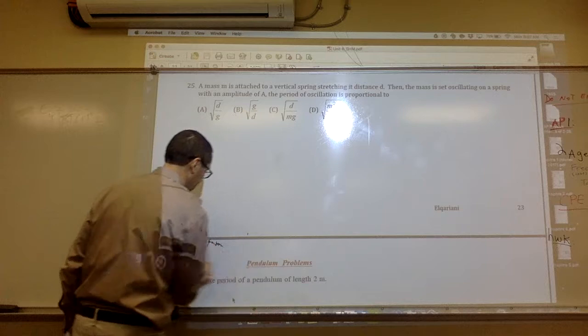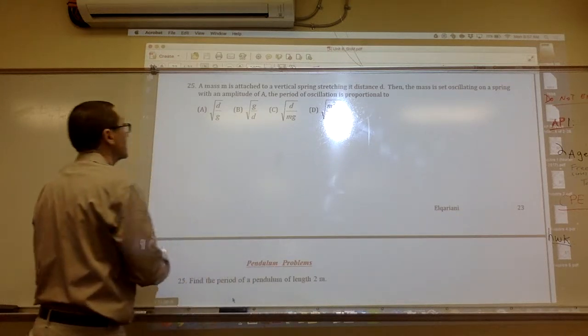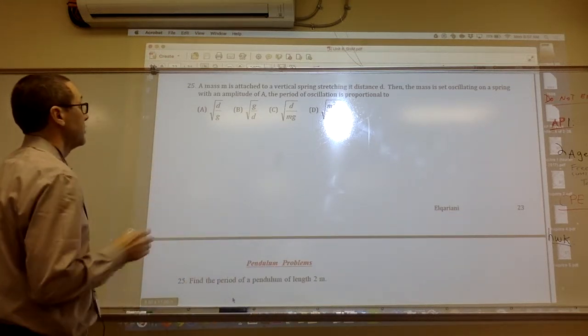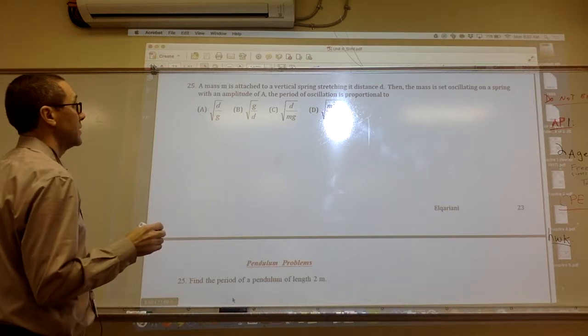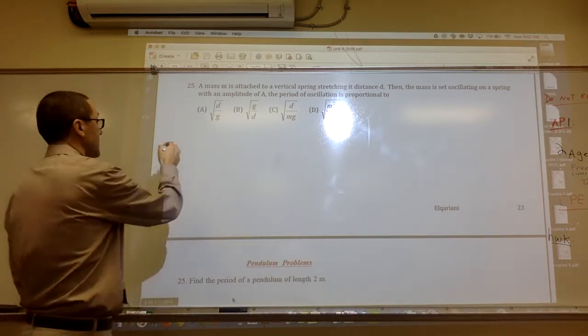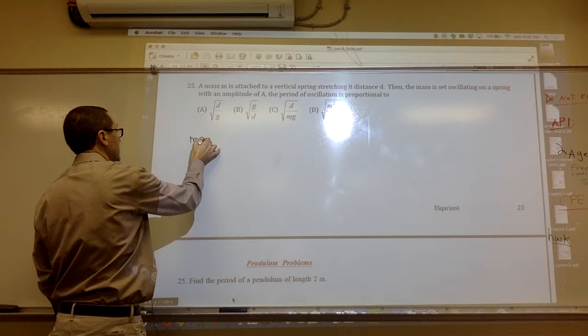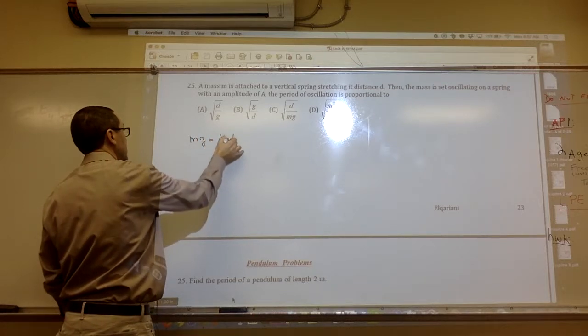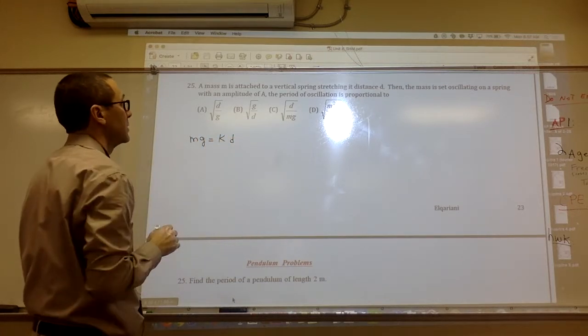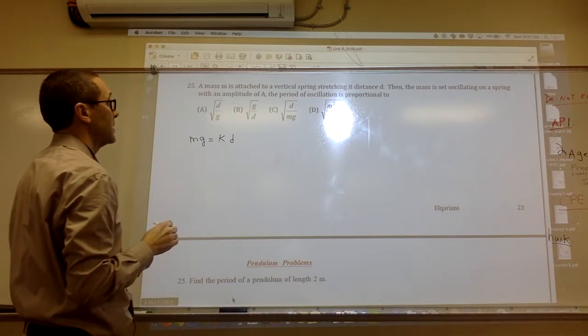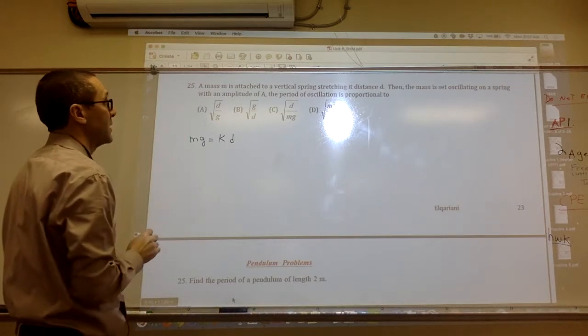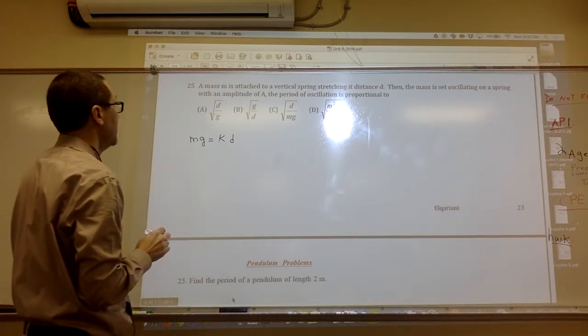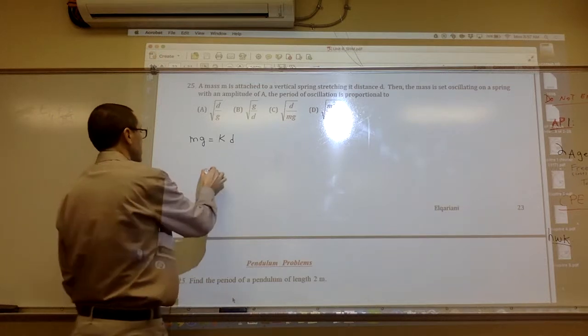This question still has to do with the springs. A mass M is attached to a vertical spring, stretching it a distance d. So at that point, I think we can say that mg equals k times d. Then the mass is set oscillating on a spring with an amplitude a. Let's figure out the period.